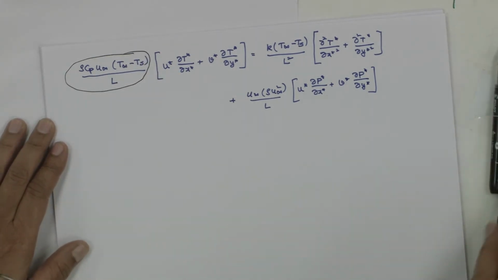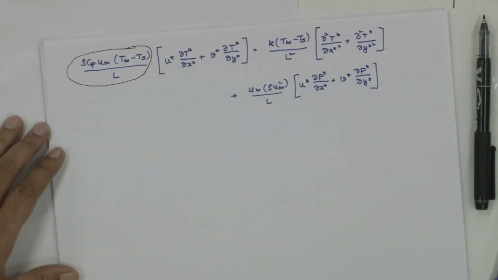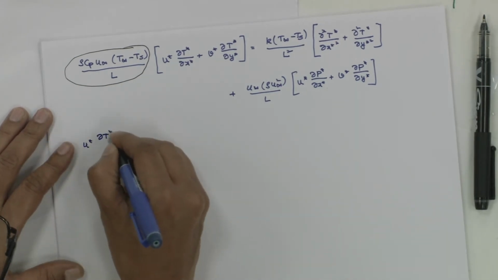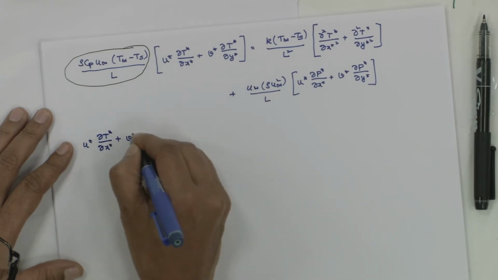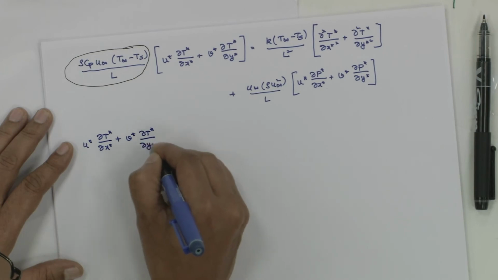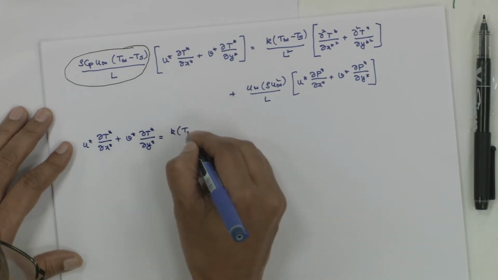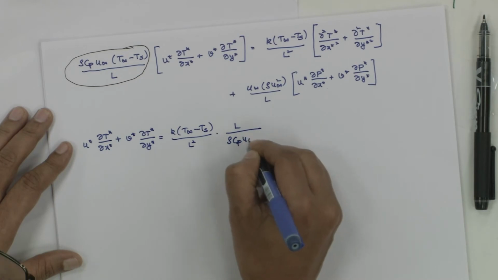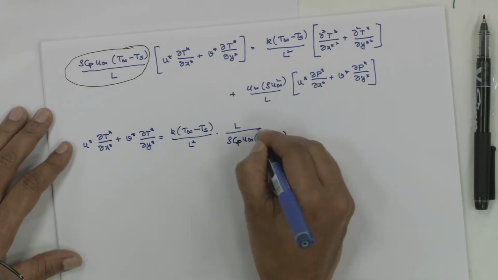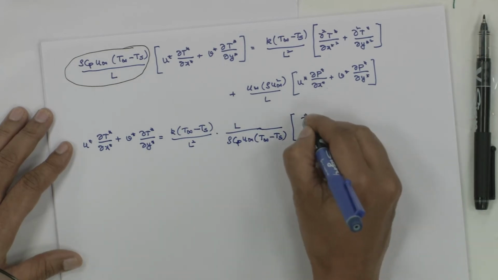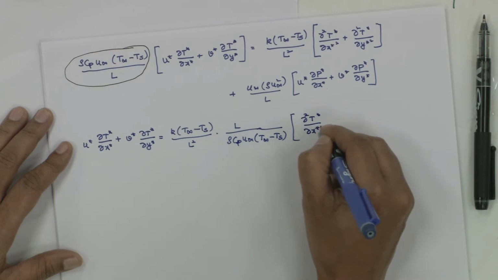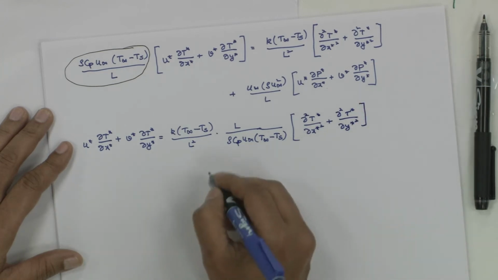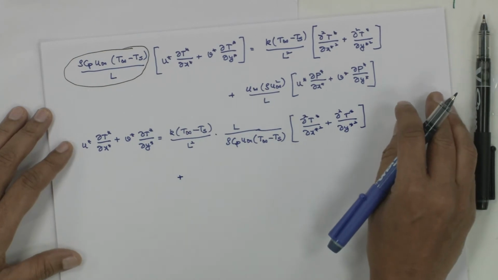If I divide throughout by that term, I get on the left hand side u star del T star by del x star plus v star del T star by del y star is equal to k into T infinity minus Ts upon L squared into L upon rho Cp u infinity into T infinity minus Ts into del squared T star upon del x star squared plus del squared T star upon del y star squared plus, now there was one more term which I missed out here.